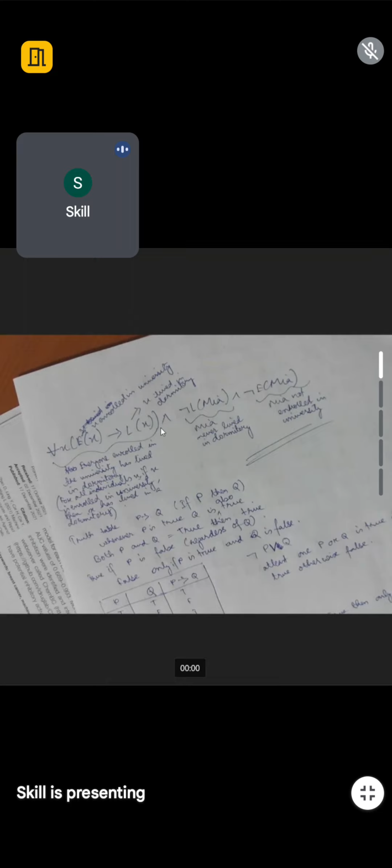So this we can explain in first order logic, and this way we can represent the whole statement. This explains that everyone enrolled in the university has lived in a dormitory: for all individuals X, if X is enrolled in university, then X has lived in a dormitory.